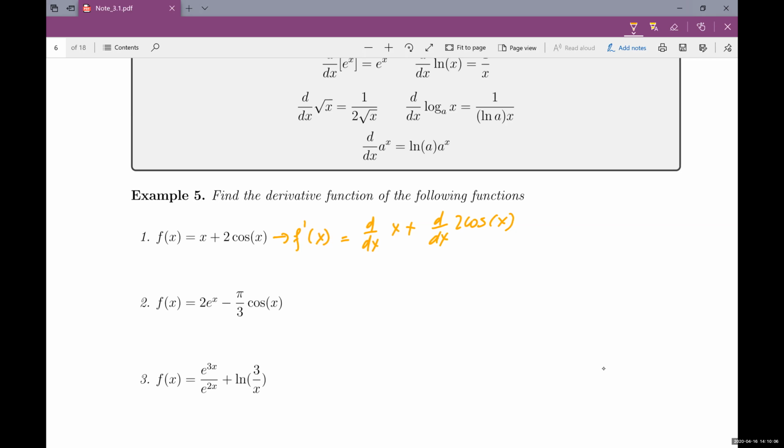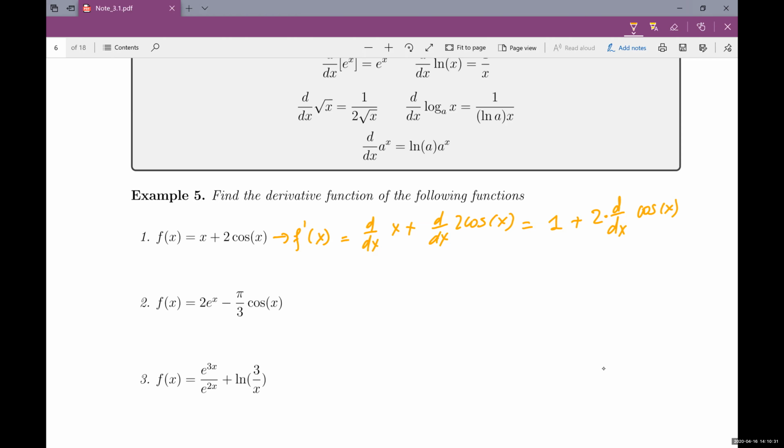And what is the derivative of x? It's 1, right? As we learned earlier, you can use the power rule to find the derivative of x, which is just 1 times x to the 0, which is 1. Plus 2 times the derivative of cosine of x. We use the constant multiple rule here, and we move the 2 out in front.